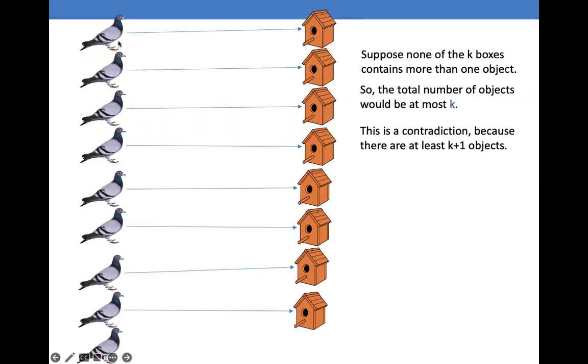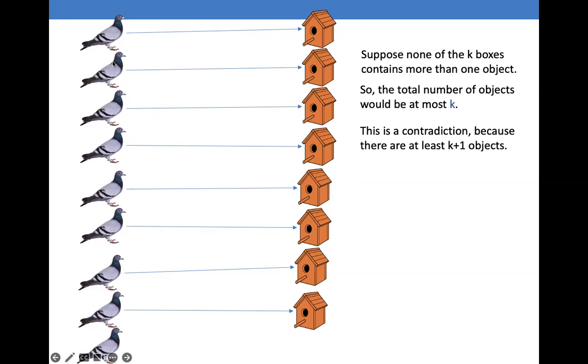Suppose we have here 9 pigeons, and we have 8 pigeonholes. And assuming that none of these boxes contain more than one object, what it means is this pigeonhole is roosting only one pigeon.